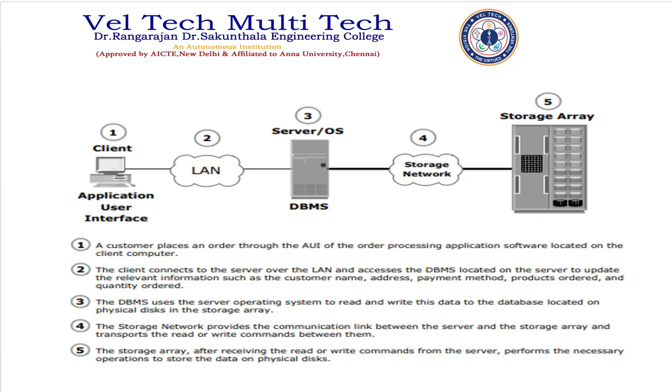This is the architecture of a data center. The data center has application user interface, LAN, server OS, that is DBMS, storage network, and storage array. The client machine has the application user interface.